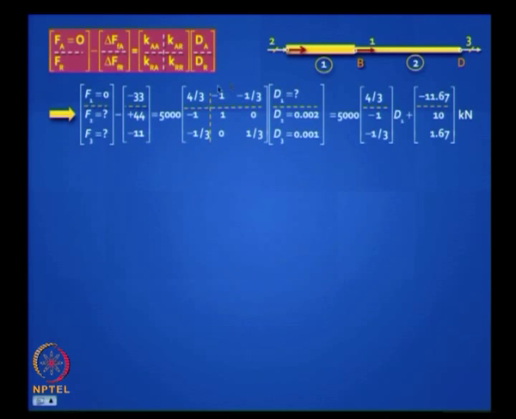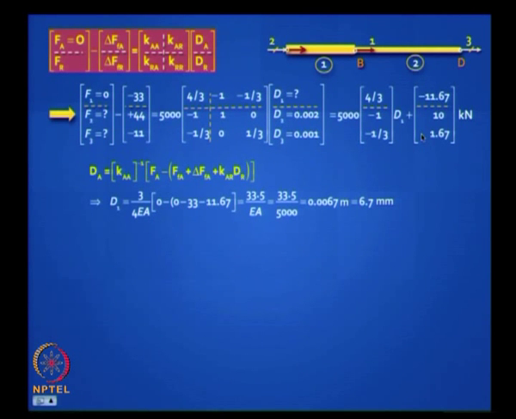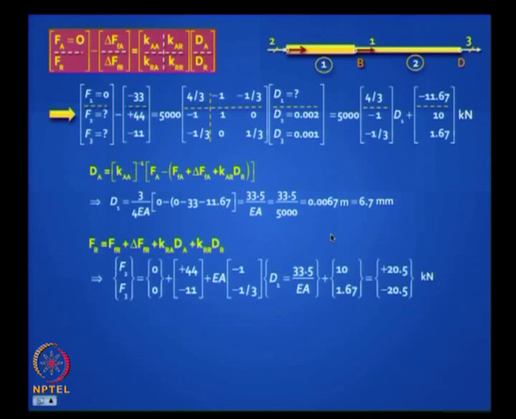Okay, please note, this is the equation, you got the stiffness matrix, F1 turns out to be, F1 is the load vector, Fa is 0, so there is no load here, you have only fixed end forces here, minus 3 plus 44 minus 11. So solve the first equation, find out d1, mind you, you have dr, okay, dr is non-zero, so you plug in the value, find d1, it turns out to be 6.7 mm, find fr, you get 20.5. What does this mean? Plus, is it compression or tension?